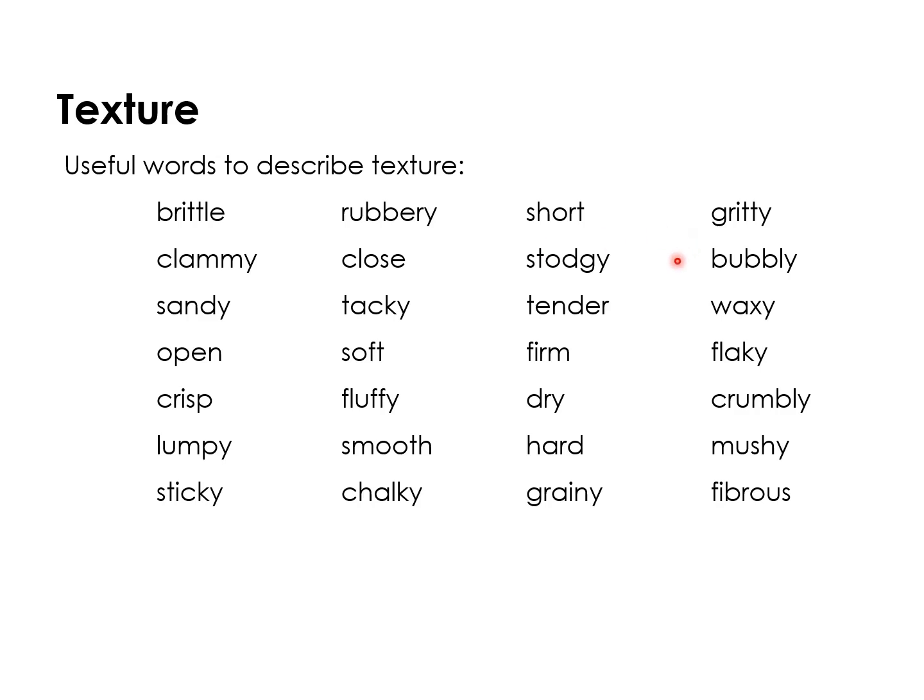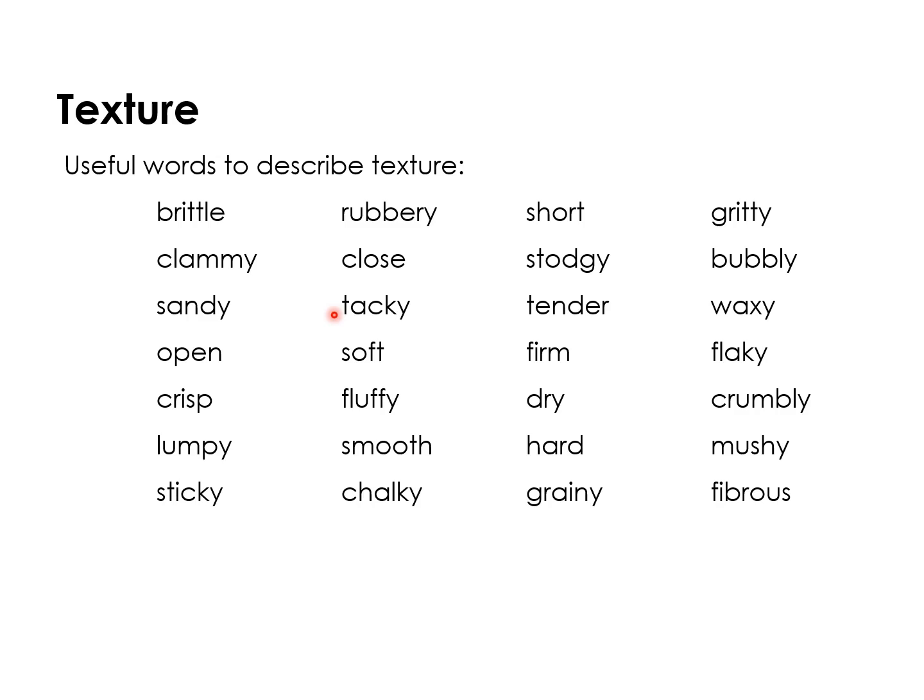Bubbly, a texture filled with bubbles or air pockets, like a light meringue or a carbonated beverage. Sandy, a texture that feels like it has fine, loose grains, often undesirable, like a poorly mixed cake batter or groundnuts. So the tacky, a sticky texture that slightly adheres to the teeth or fingers, like caramel or overcooked rice.